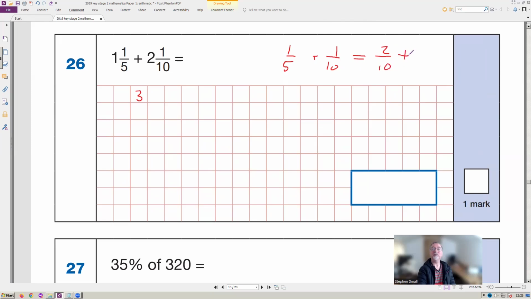So 2/10 plus 1/10, we're now talking about the same things. 2 of them there, 1 of them there. We got a total of 3 of them. But we already had the number to start with, 3. 1 and 2 is 3. So we got 3 and 3/10. And I'm not going to cancel down because the 3 is a prime number. 3 and 3/10.